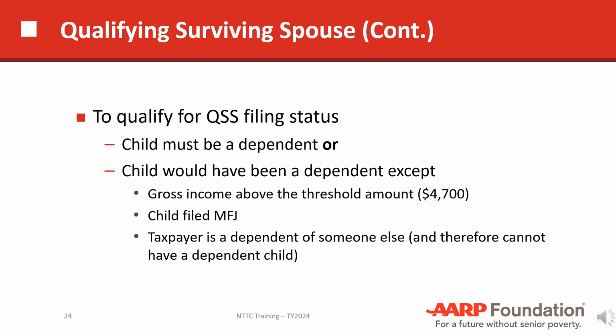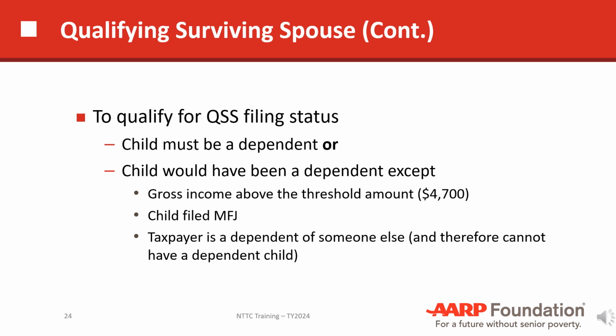And oftentimes, older children that are permanently disabled will qualify the taxpayer for using the QSS filing status because they're being cared for by the older parent who may have lost their spouse.